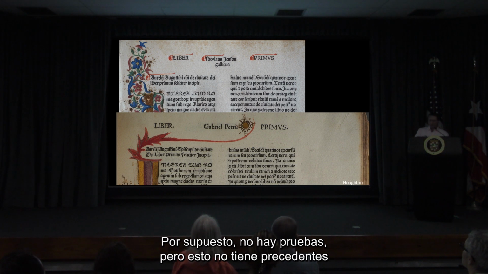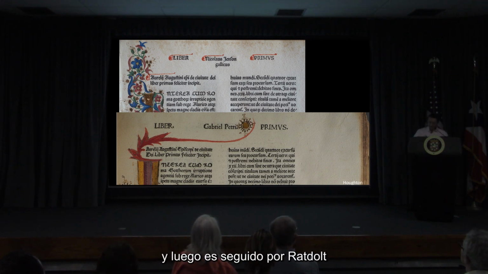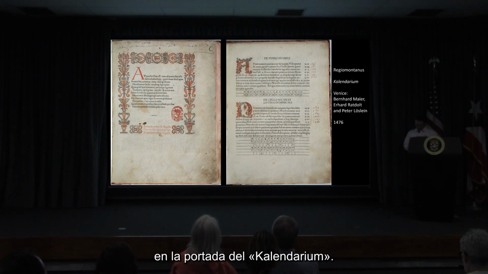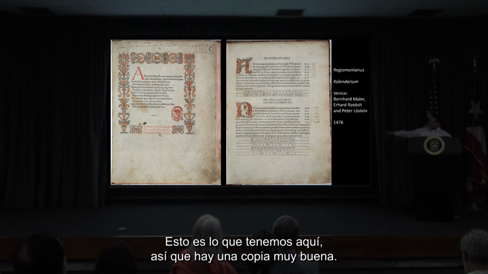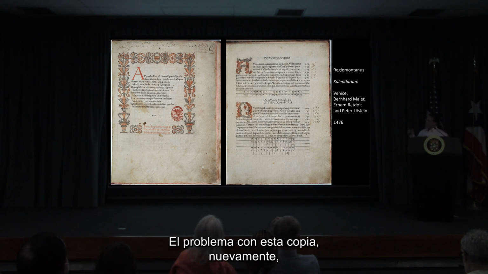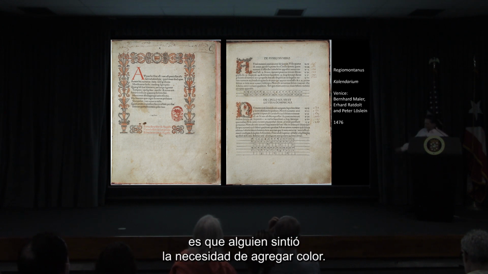Of course, no proof, but this is, again, unprecedented, and then it's followed by Ratdolt's Calendarium title page. This is what's here. So there is a very nice copy. The problem with this copy, again, is that somebody felt the need to add color.